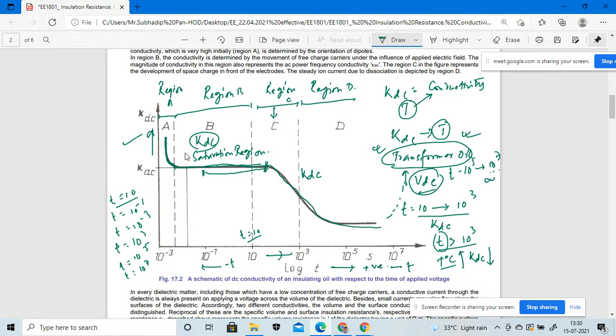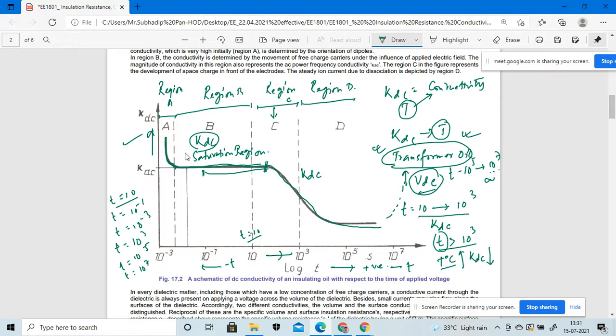It may happen or may not happen, depending upon the temperature and the condition of the insulating oil. Depending upon that, the DC conductivity of the insulating oil varies depending upon the applied voltage we are applying to the transformer, right? So that is the thing.